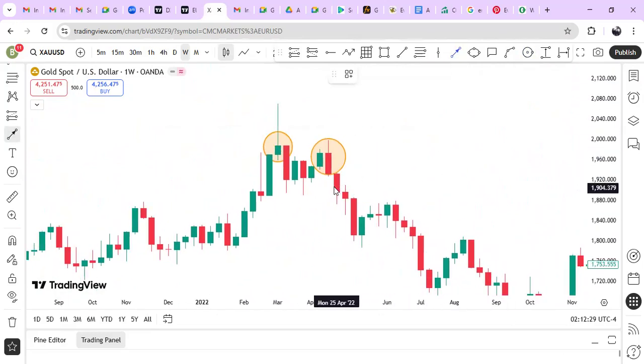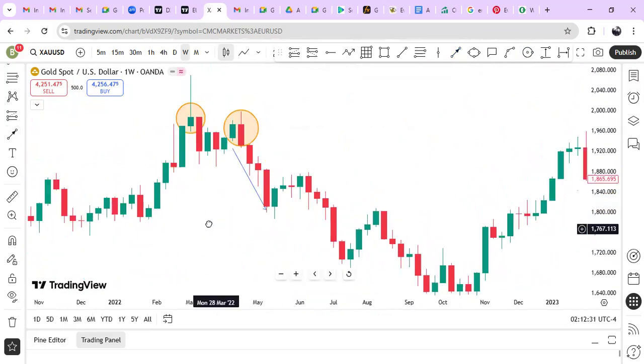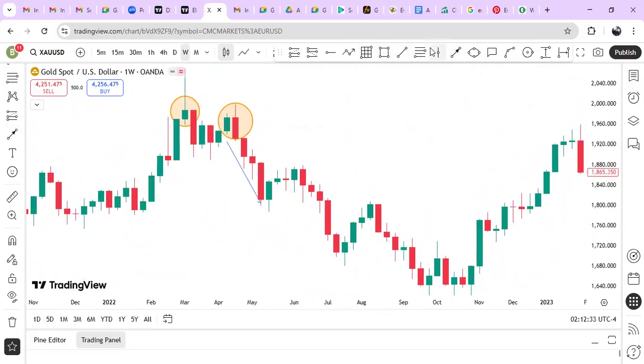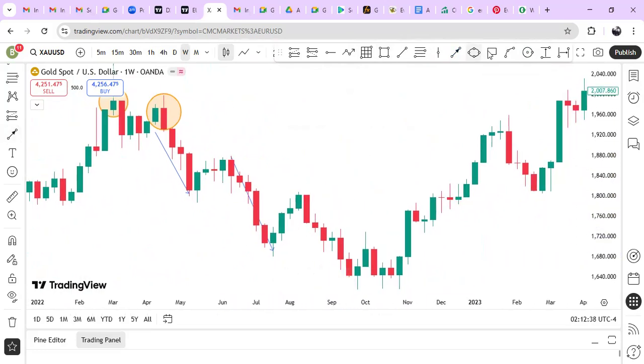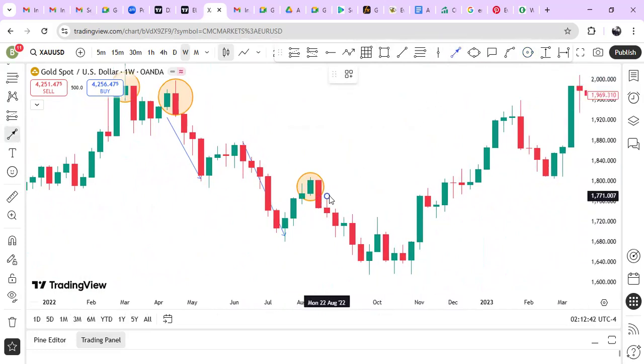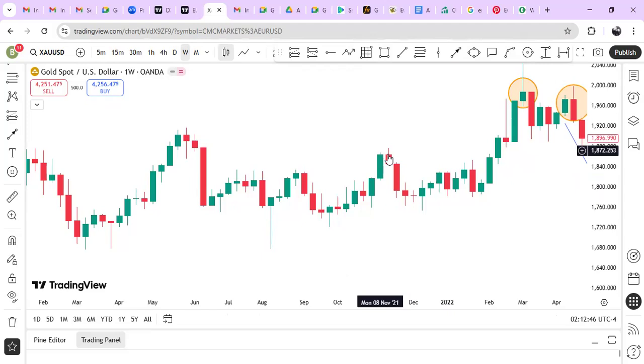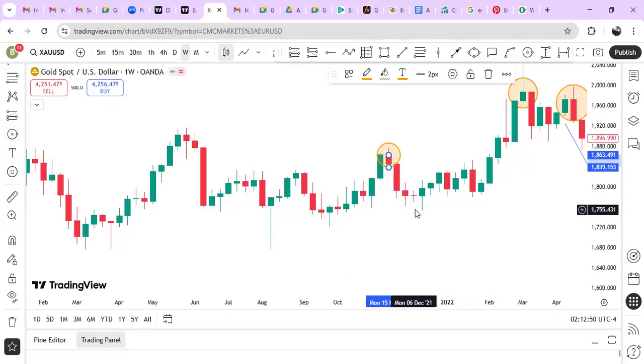What happens? That is a nice sell to the downside. Correction. Another sell. Correction. Another doji formation. Then what happened? Another nice sell to the downside. Then here again, you had a hammer formation. What happened next? Nice sell.